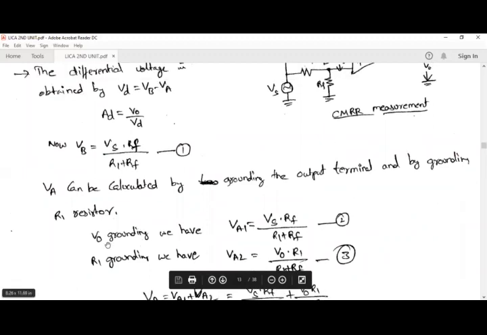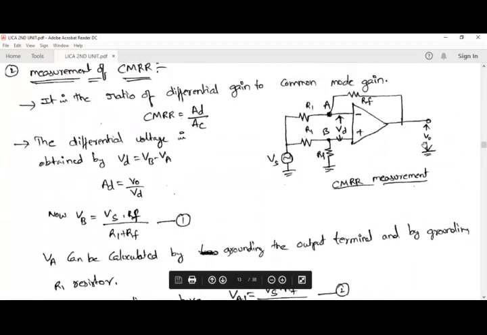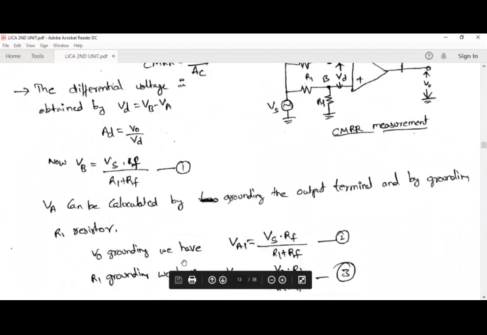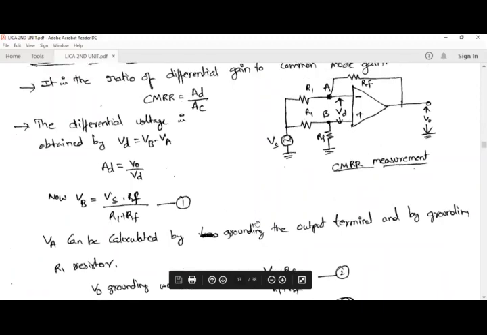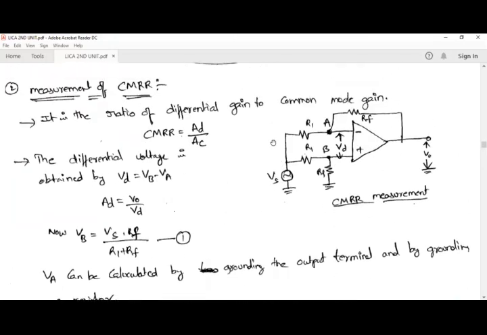First we are grounding V naught, that is, we ground this terminal. When V naught is grounded, we consider it as VA1. So VA1 is equal to VS into the opposite resistance, RF, divided by the total resistance in this path, R1 plus RF.